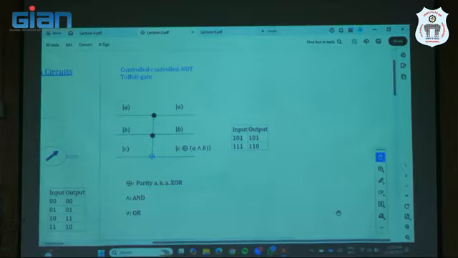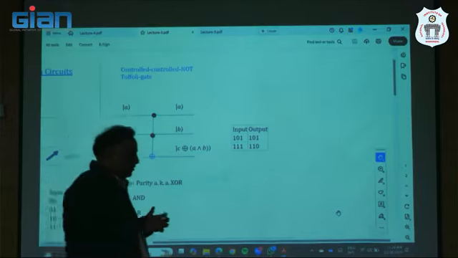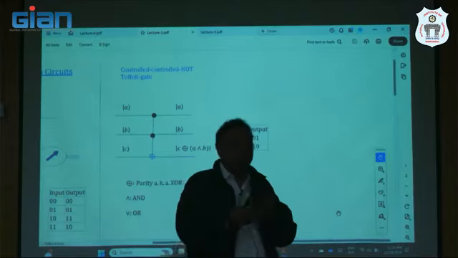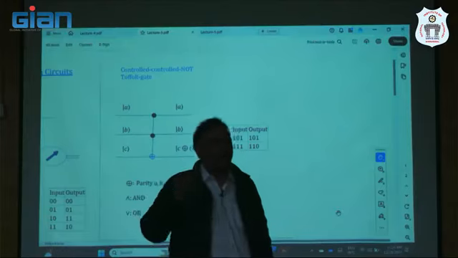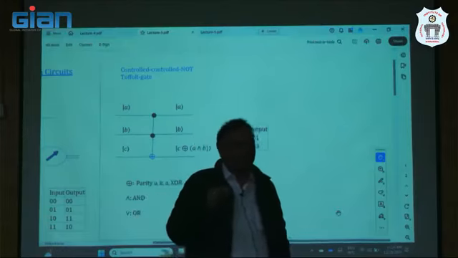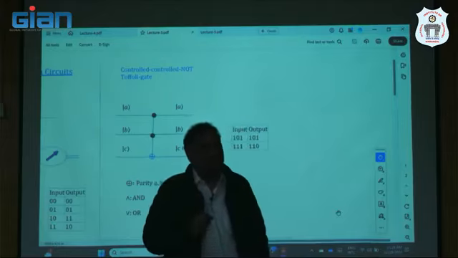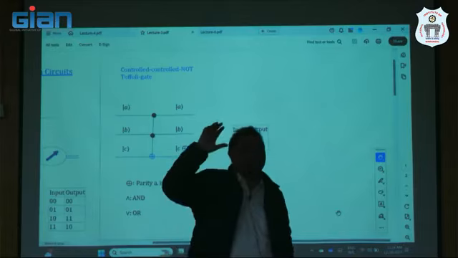Controlled-NOT. We have C parity A and B, right? Yes, C parity A and B. For these different things, we have to see how to use these gates to get that. Actually, later we will see how the Toffoli gate along with the NOT gate is universal for classical computing.